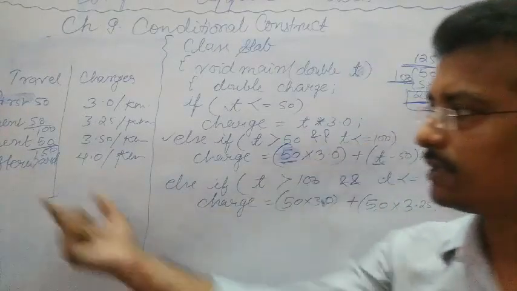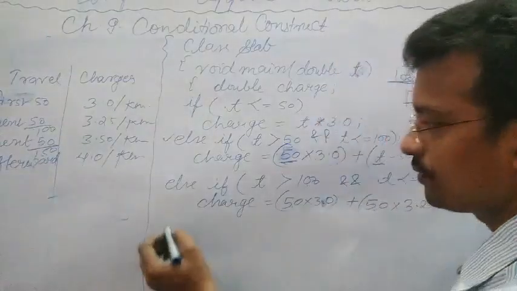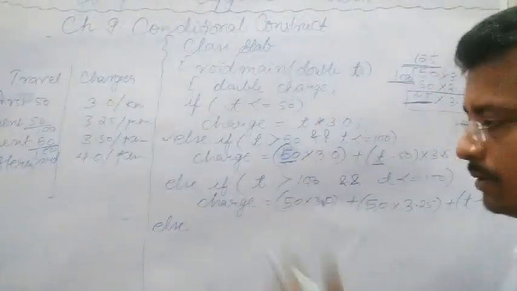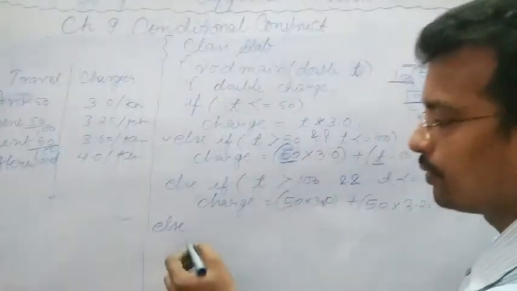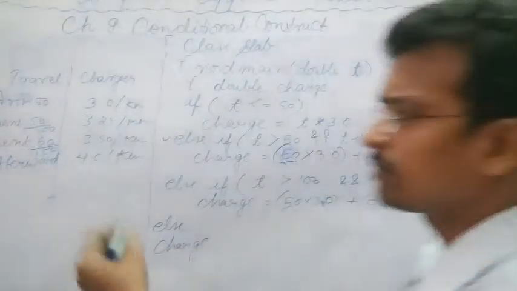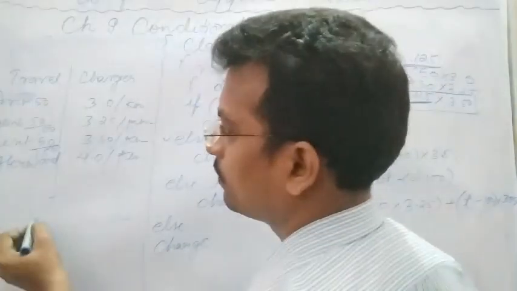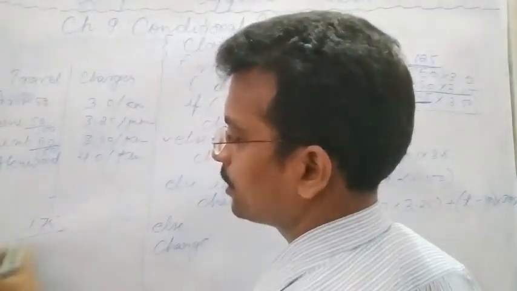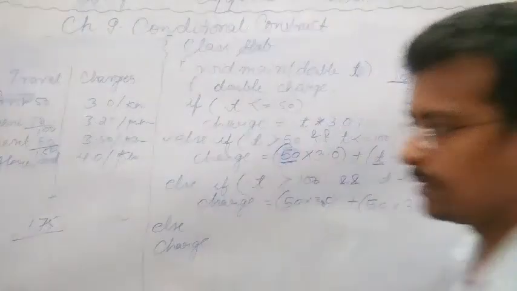And finally, what is written afterwards? Afterwards you need not explain the next condition, just else. Else means the remaining conditions. So you will call charge again, and suppose someone has traveled 175 kilometers, and this is the value of t.